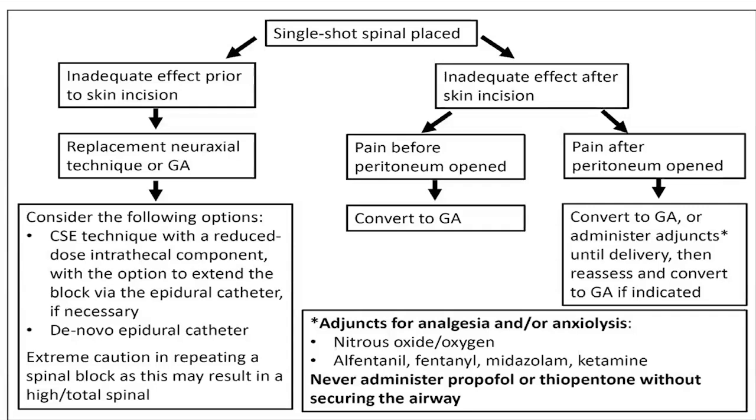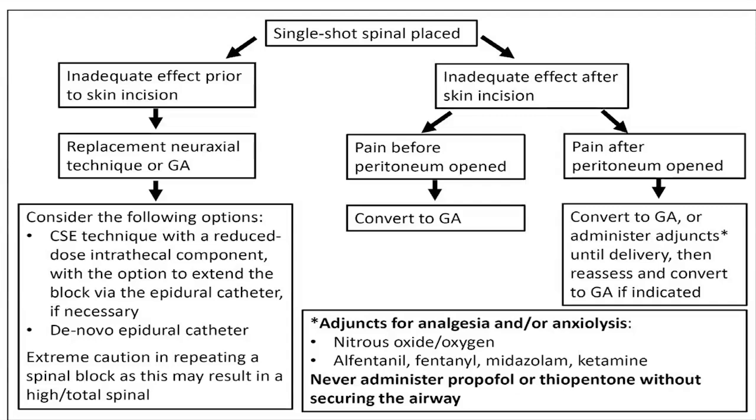If you're going to replace it with a neuraxial technique, I would say that it has to be informed to a consultant, and a consultant's advice should be taken prior to going for another neuraxial technique. Reason being, if you go for a neuraxial technique and both blocks work, it can go into a high or a total spinal.